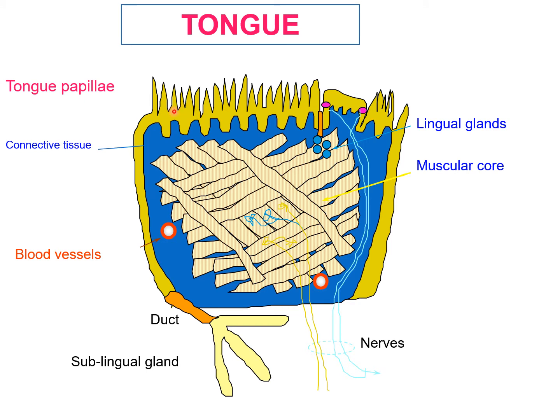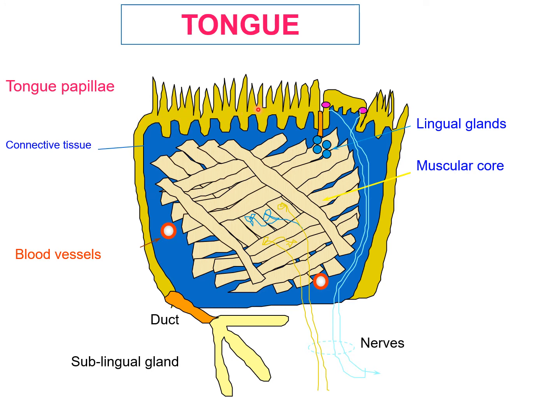So that's the surface mucosa, keratinized and non-keratinized stratified squamous epithelium. Then you also have the main bulk of the tongue formed by the skeletal muscle, and that is where you also have presence of the nerves and the blood vessels.